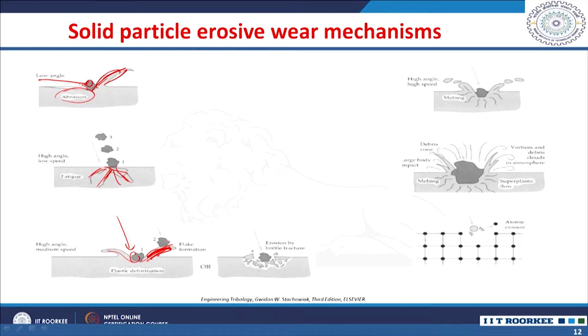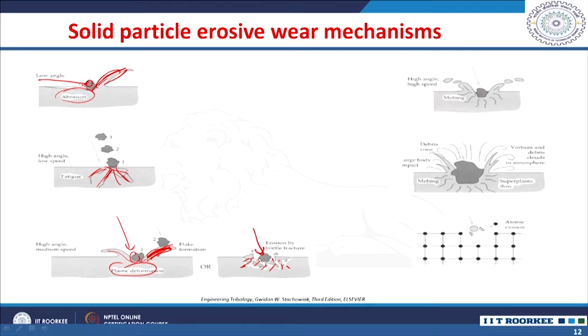Or if the material is not plastically deformable, that means it is a brittle material like ceramics, whenever these particles strike at higher angles with a medium speed, there is a lot of fracture near the contacts. That will lead to brittle failure by the propagation of such cracks.